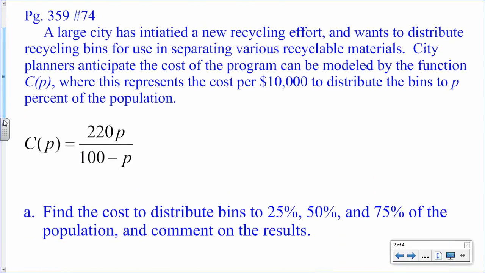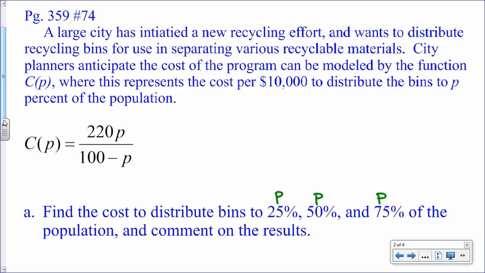So when I go down here in part A, it says find the cost to distribute bins to 25%, 50%, and 75%. So those are P. And P is in percent, so I'm just going to be plugging in 25, not 0.25. I don't need to change it because it says P is in percent.